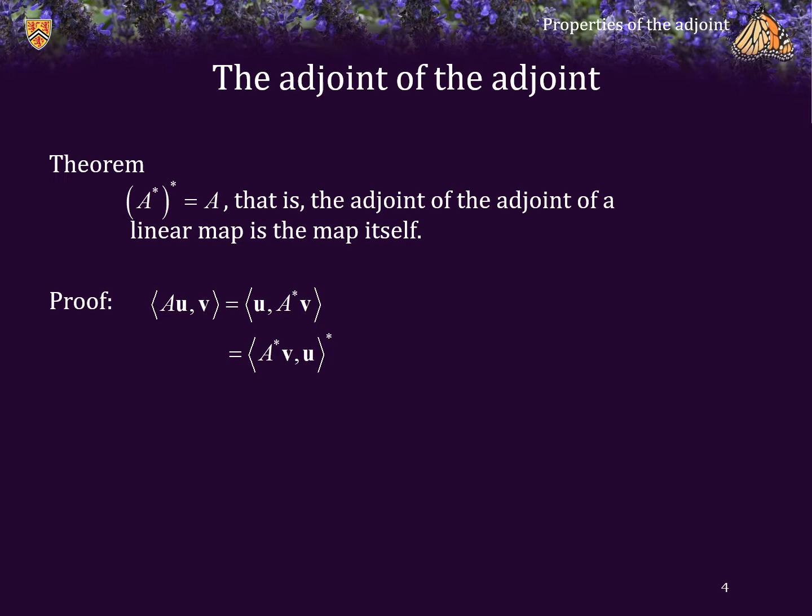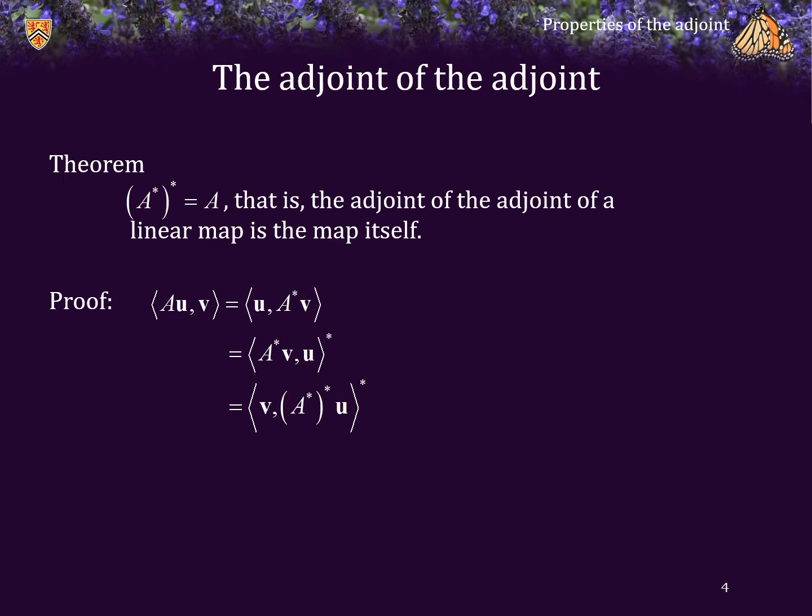Consequently, we can now look at the inner product. Here we have the inner product of the adjoint of A. Well, we can actually move that to the other side by taking the adjoint of that adjoint.